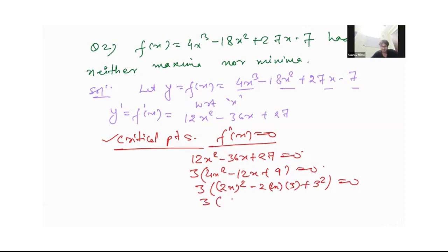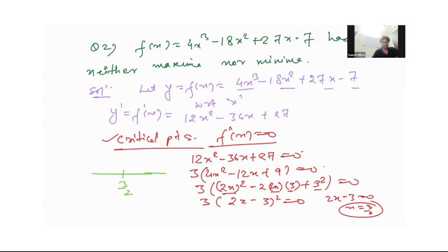So on solving this, factorizing this, you will get a square minus 2ab plus b square, which will be a minus b whole square equals 0. So now you will get your critical point. On putting this equals to 0, you will get 2x minus 3 equals to 0. Your x is equal to 3 by 2. Okay. So now we will plot this number on the number line. So we will get our 3 by 2 like this.